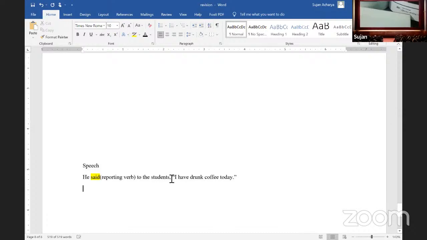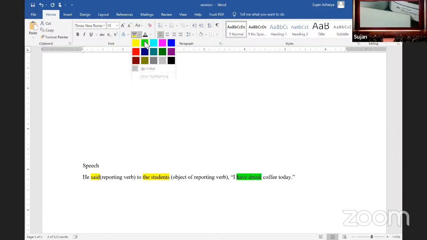And this is the object of the reporting verb. And this part tells us the tense of the sentence. And this is the adverb.